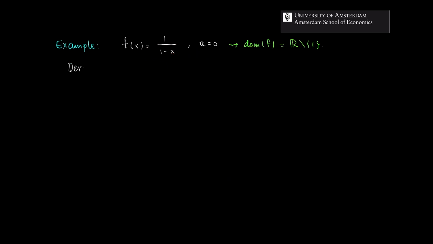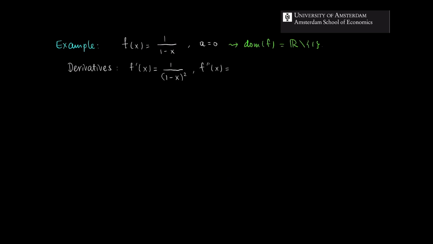So now let's take derivatives. If we take the first order derivative, we get a minus from the 1 minus x, and we get a minus 1 for dividing by 1 minus x, so we get 1 over (1 minus x) squared, and in this way we continue.